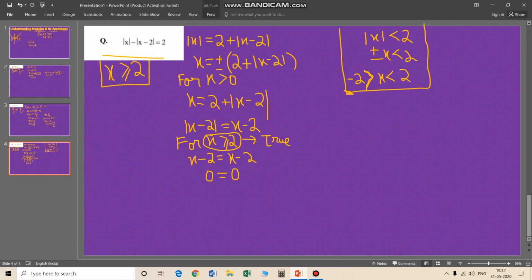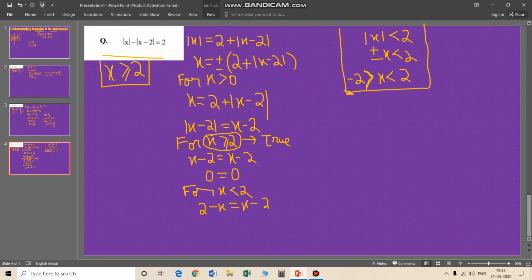Now we can see for x less than 2, not equals to, we will take less than 2. Right, now this will be 2 minus x equals to x minus 2.